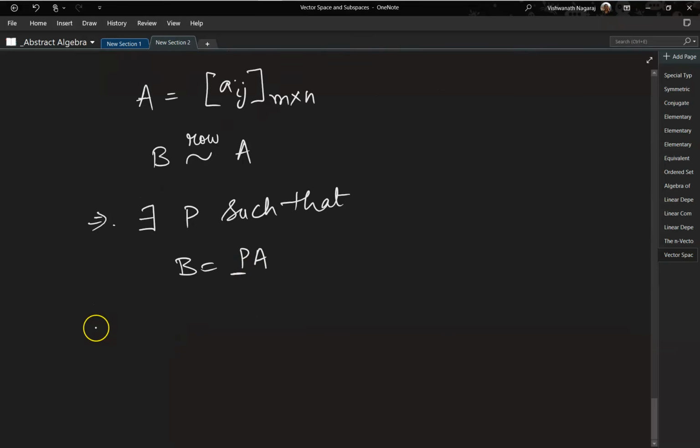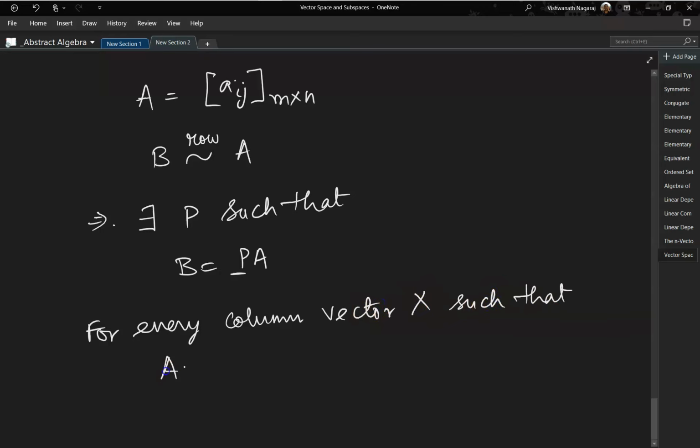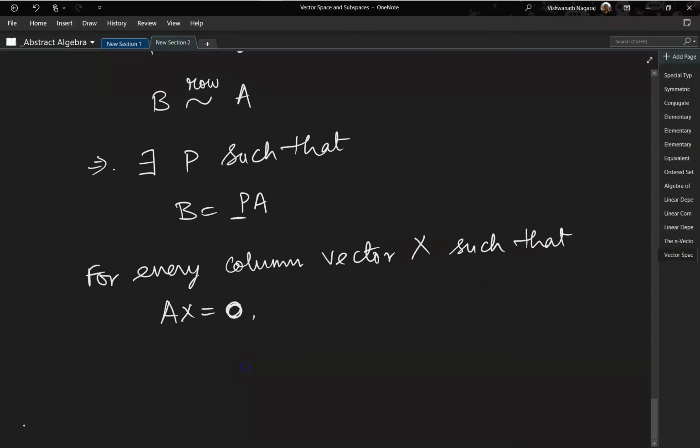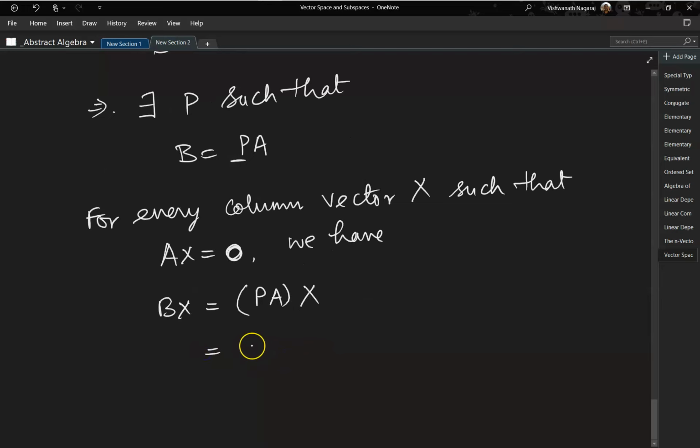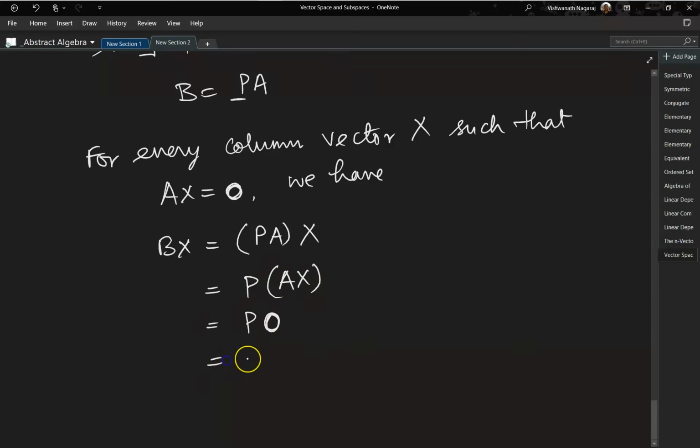Okay, so for every column vector x such that Ax is equal to 0, we have Bx is equal to PAx, which is equal to P times Ax, which is equal to P0, which is equal to 0.